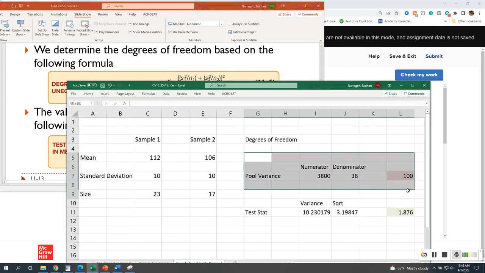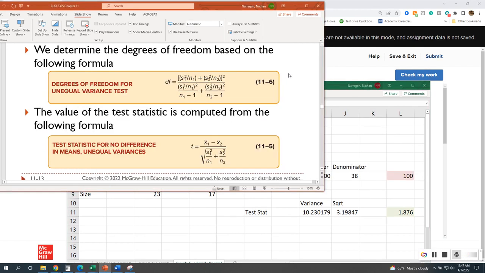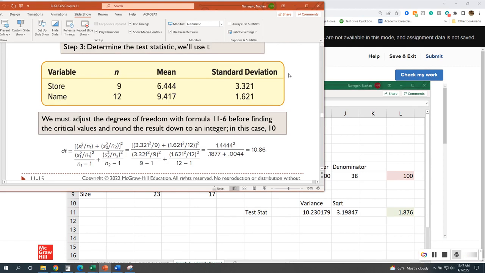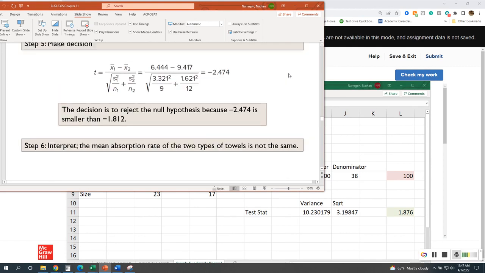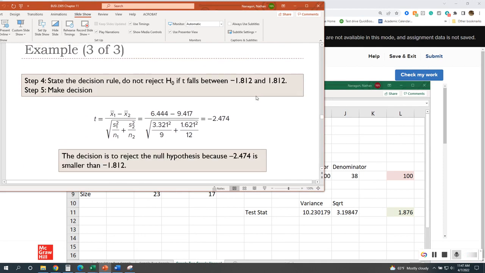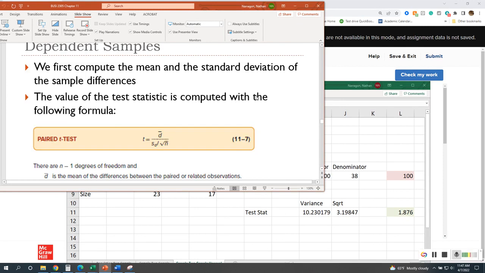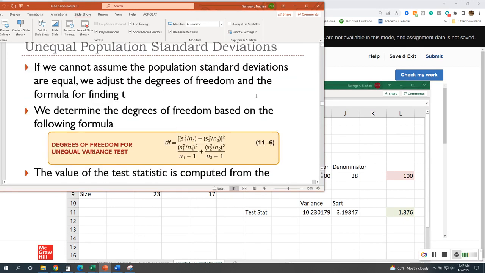In fact, we're going to go ahead and remove this, because as you can see from our PowerPoint, we just use the degrees of freedom and then we move forward. Okay, so let's go ahead and put this in.